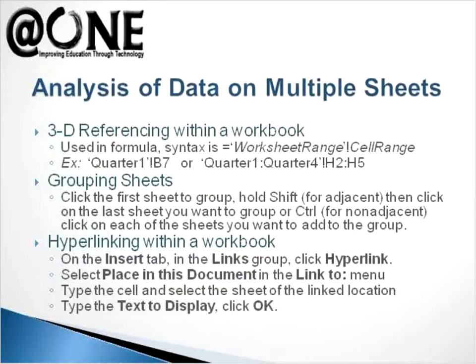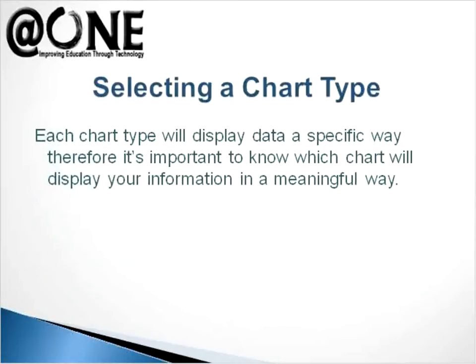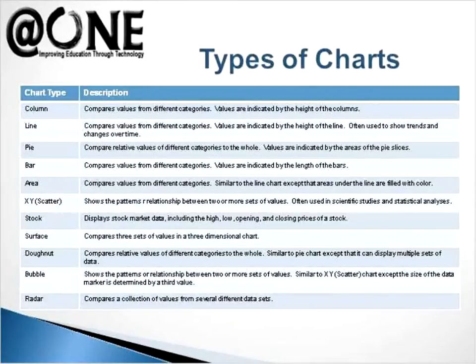Now I want to go back to the presentation just momentarily. And I want to talk about charts and selecting a chart type. The hardest part about figuring out what chart type to use is that ultimately your data is the most important item. Column charts compare different categories. Likewise with line.